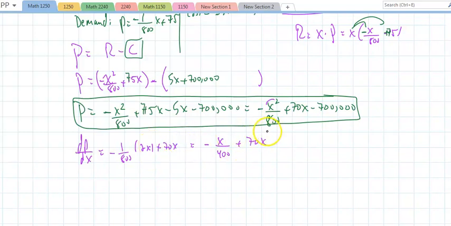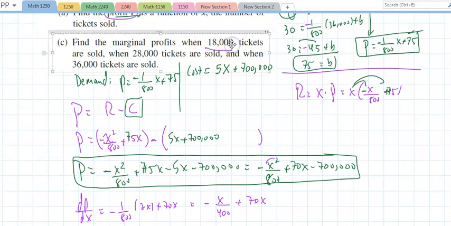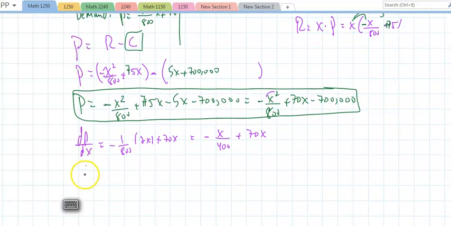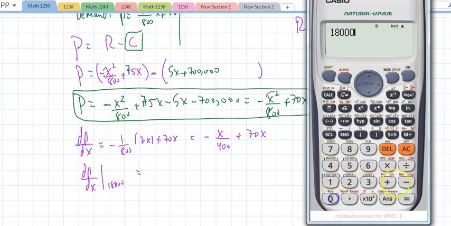Right? So when they say selling 18,000, you will say dp dx at 18,000. Since I'm going to do that a few times, I'm going to use the answer key. First, I'm going to put 18,000, and now I'm going to take negative answer divided by 400 plus 70 times answer.